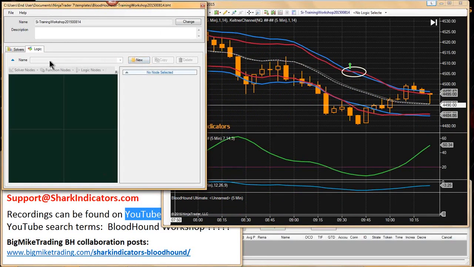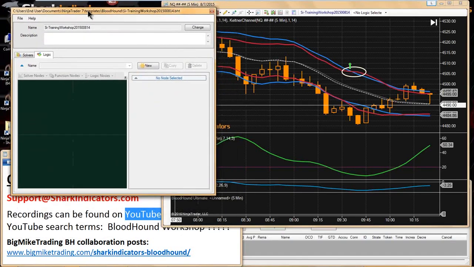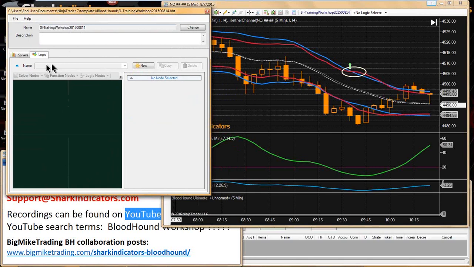This is a new BloodHound system, so there's no logic template defined yet. I have to hit new, and we'll give this a name. Okay, so we'll call this a Bollinger / Keltner breakout.